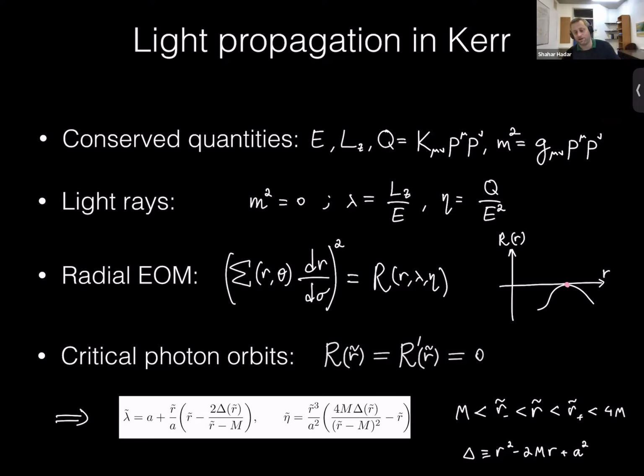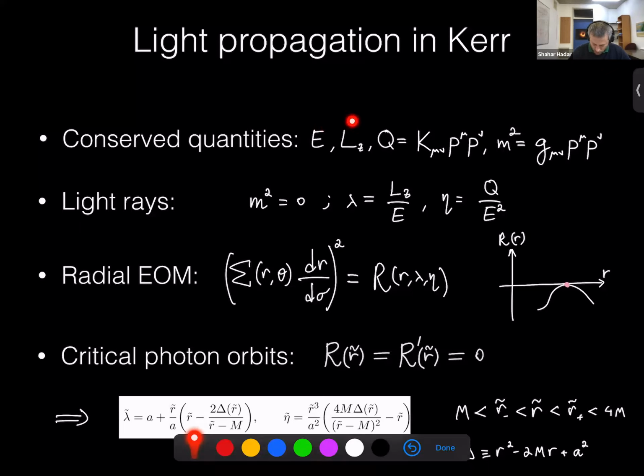And you can write down the solution in terms of these conserved quantities: the energy, the angular momentum around the z-axis, the spin axis, and this Carter constant, which is the most non-trivial of the lot.